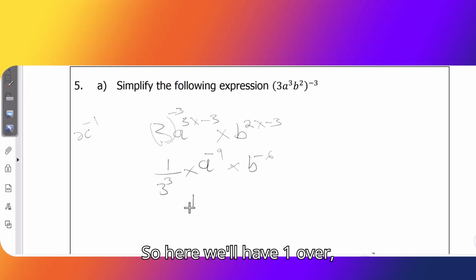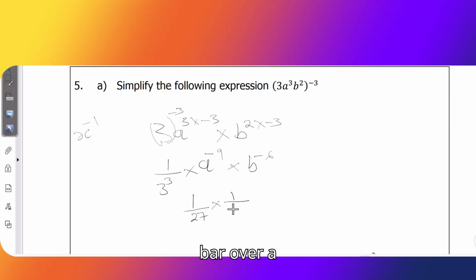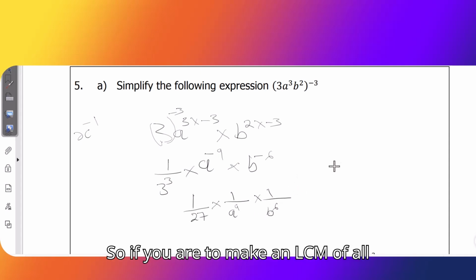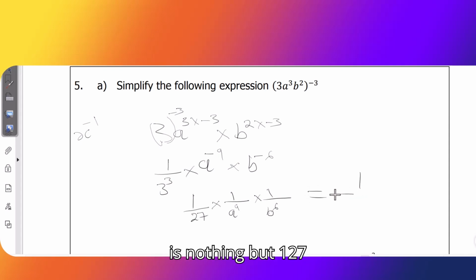So here we'll have 1 over 27, times, since it's a negative, the reciprocal of a power 9 times the reciprocal of b power 6. If you make an LCM of all this, we have a final answer which is nothing but 1 over 27 a power 9 b power 6.